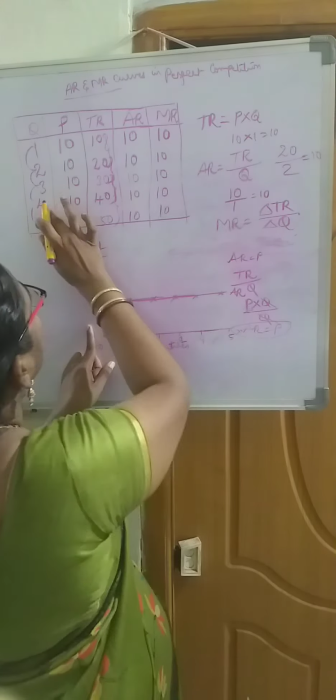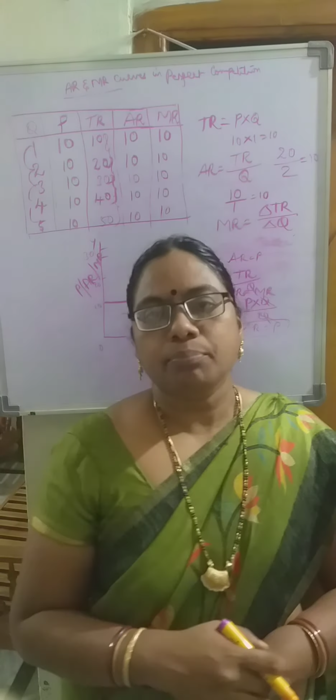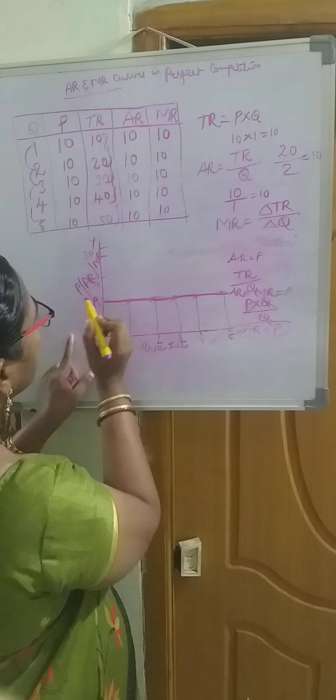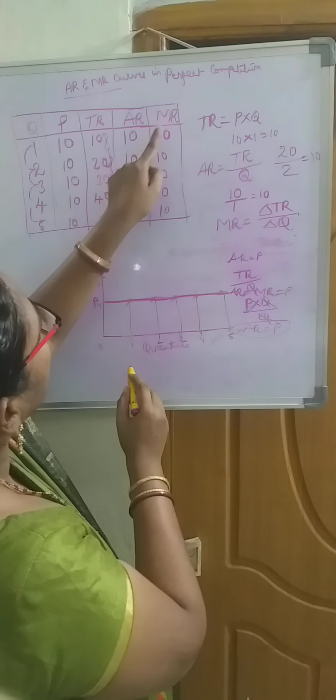And the AR and MR curves simply coincide in perfect competition, and they are parallel to the x-axis, or horizontal. So AR is equal to MR, and as I told, AR is equal to P, so MR is also equal to P. Price is 10, AR is also 10, MR is 10.